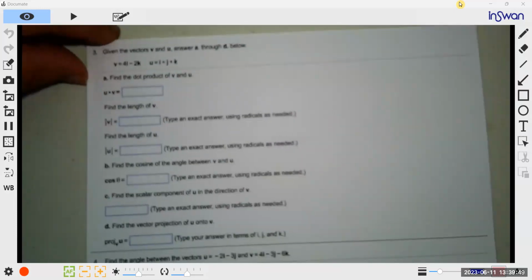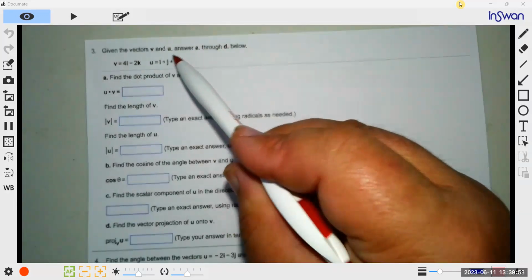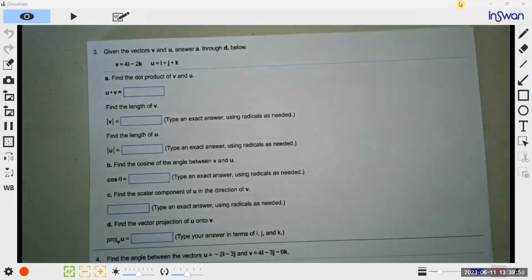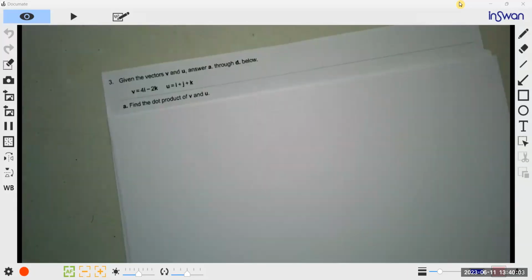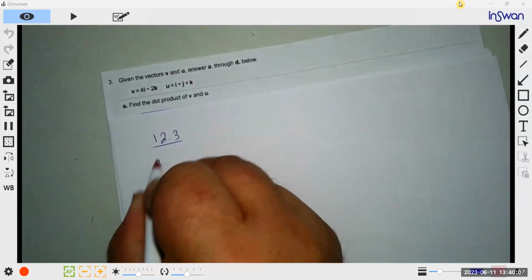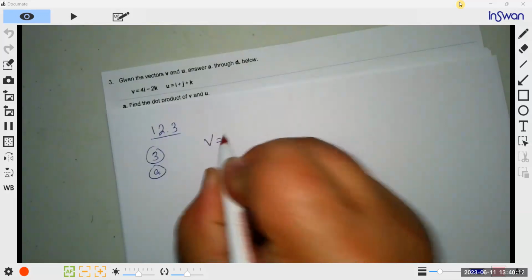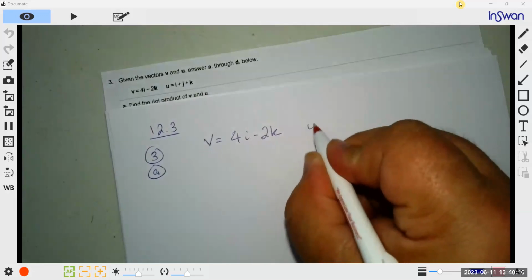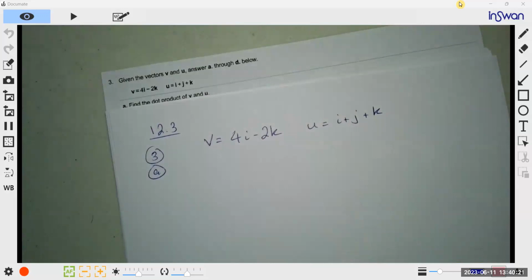Question 3. Given the vectors v and u, answer A through D below. It's the same thing we just did, actually. Oh well, so let's see this. V is 4i minus 2k, u is i plus j plus k.